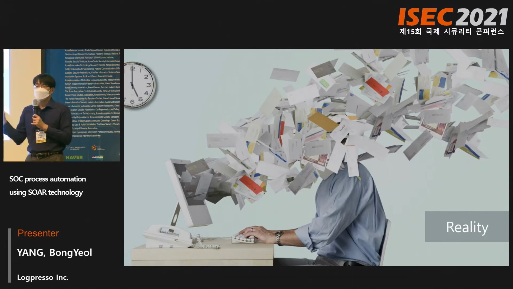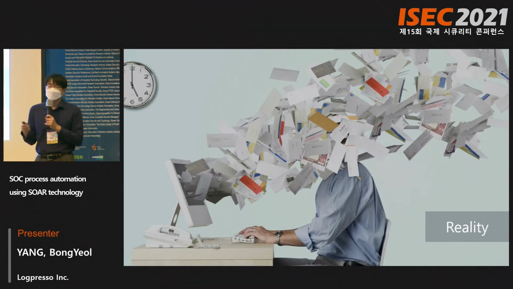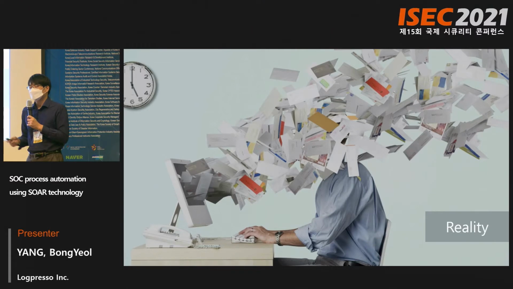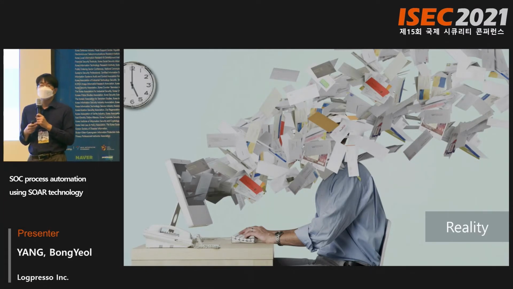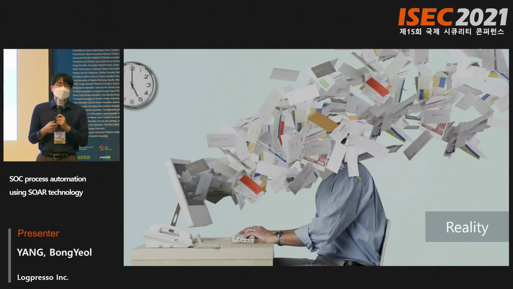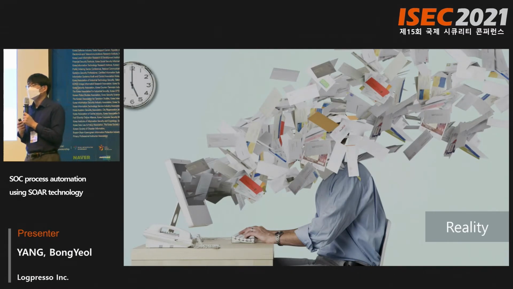For example, when alerts occur in IPS or web firewalls, CTI and reputation information can be correlated and analyzed to block IPs. Maybe half of you have heard of this much, so I'm not here to talk about the exact same thing today. I'll focus on the directions forward for SOAR at this point in time.